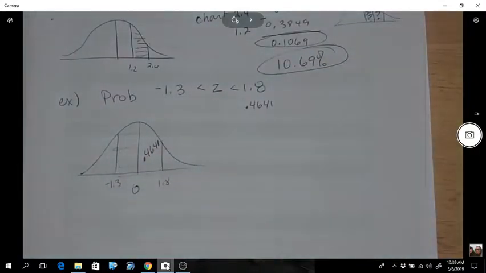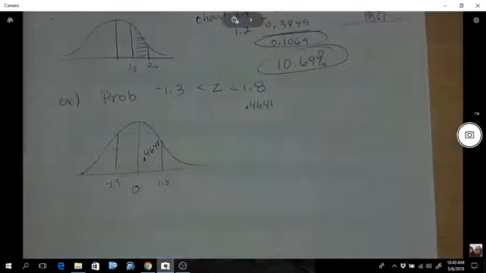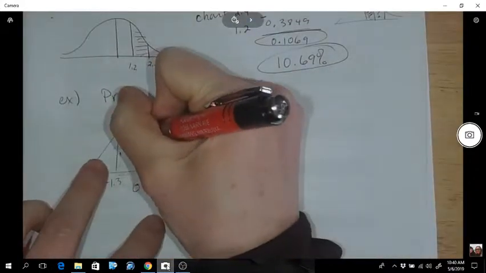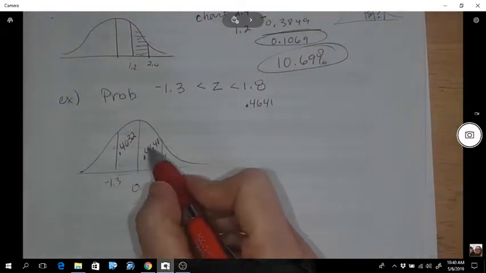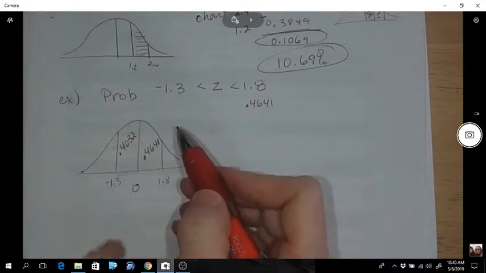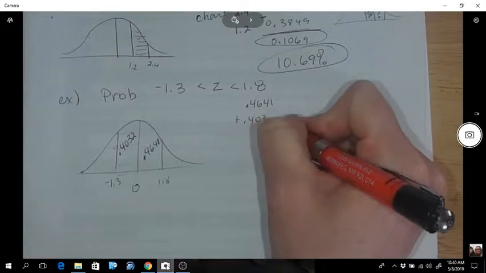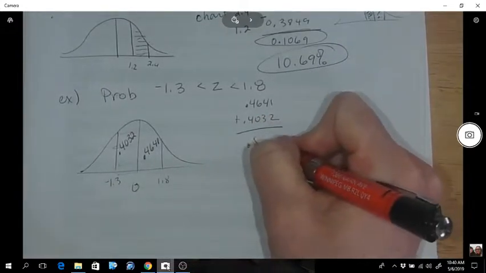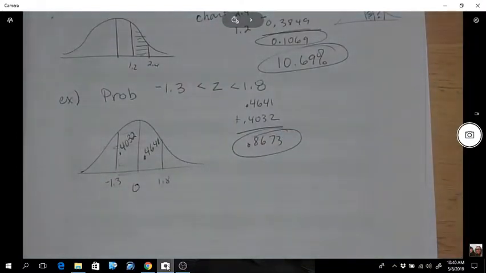And negative 1.3 is 0.4032. So now you can see that I want this and that, so I'm going to have to add. So now it's 0.8673, the probability of being between the scores.